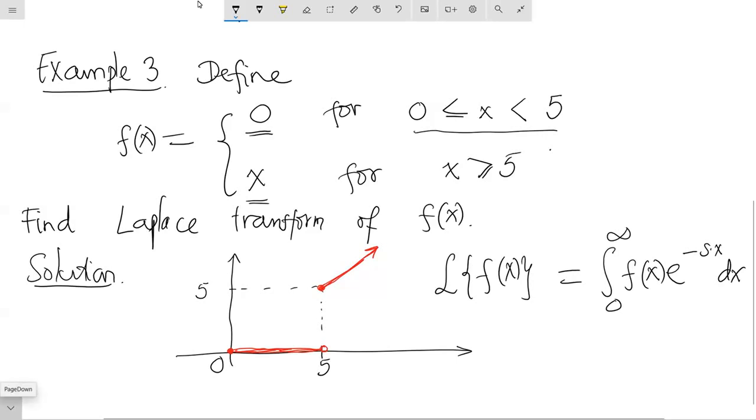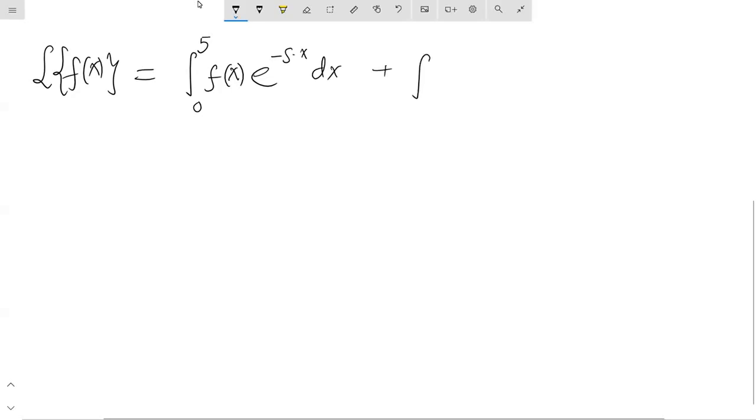So it may be a good idea to split the integral for the Laplace transform into two pieces: the integral from 0 to 5, where the function has one formula, and then from 5 to infinity, where the function f of x has a different formula. And for each interval, we plug the formula in. If the function has three formulas, you would split into three integrals.